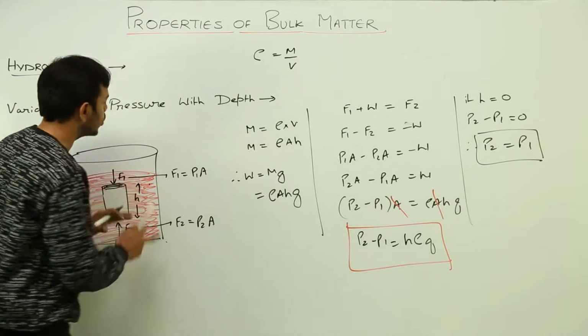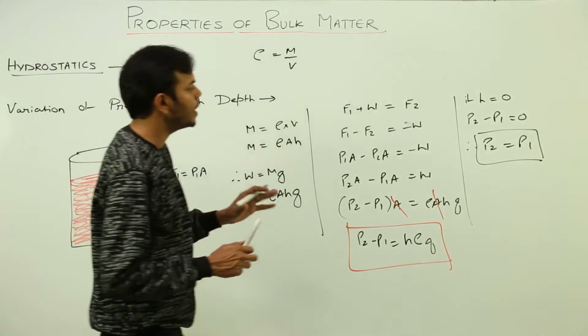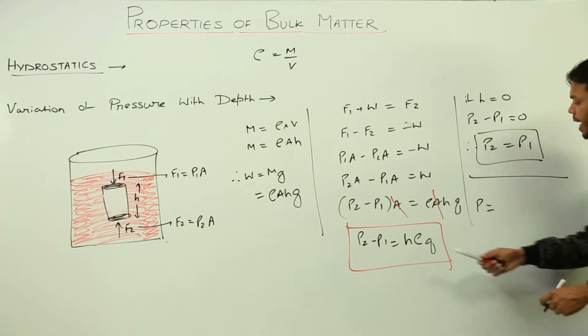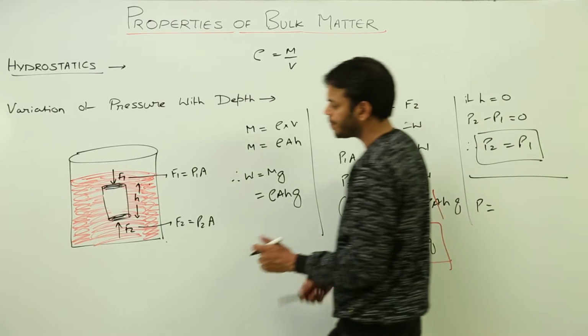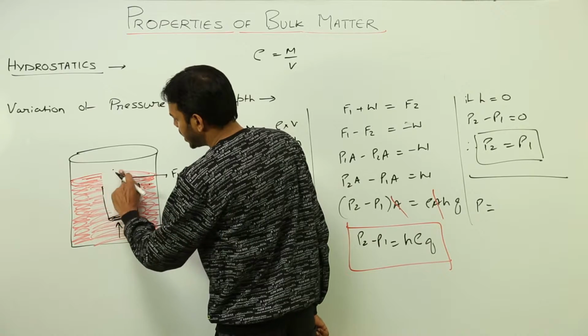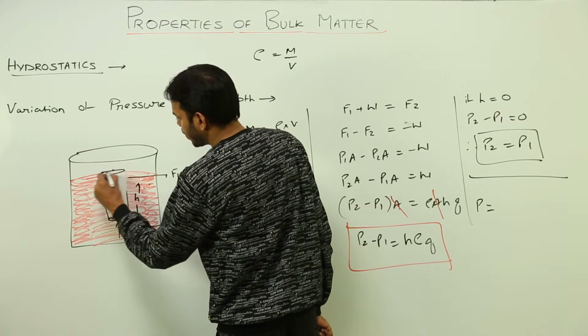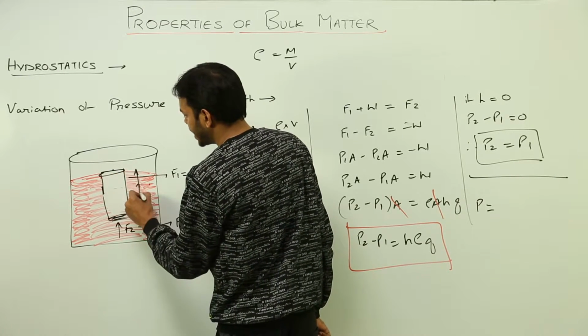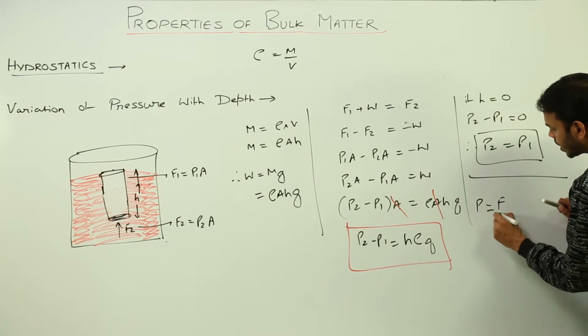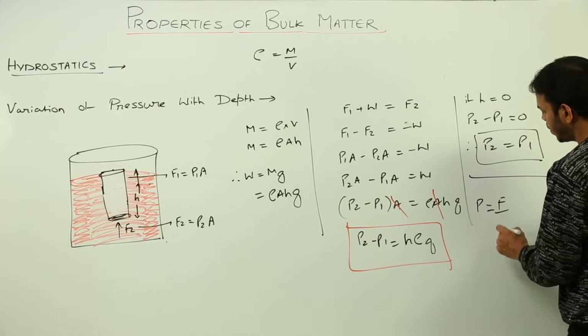And if you want to find the value of pressure, it can be figured out very easily. We will ultimately reach this formula only. How? Suppose we have to find the pressure for this much height of liquid column, this complete height H. Pressure is force upon area.